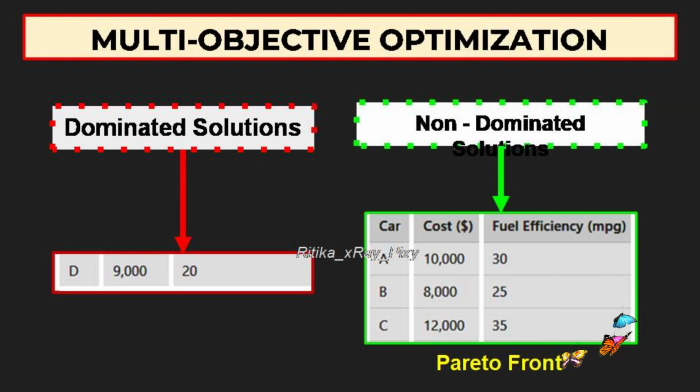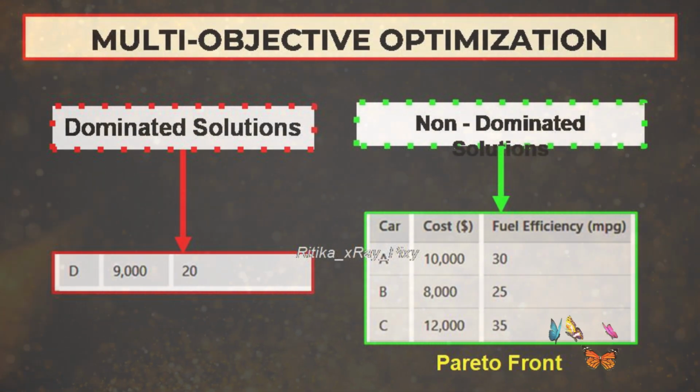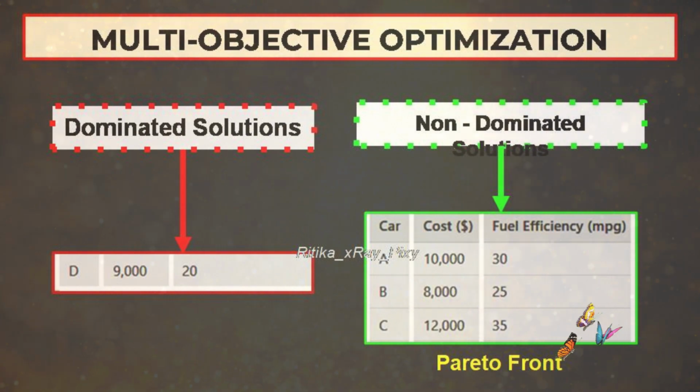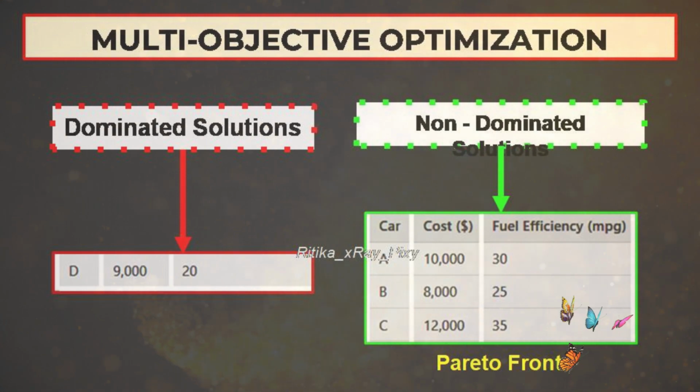So therefore choosing non-dominated solutions ensures that you are making the most efficient and effective choice. So here you can see the non-dominated solutions A, B, C offer the best balance between cost and fuel efficiency. So choosing any of these means you can't find another car that is better on one feature without being worse on the other.